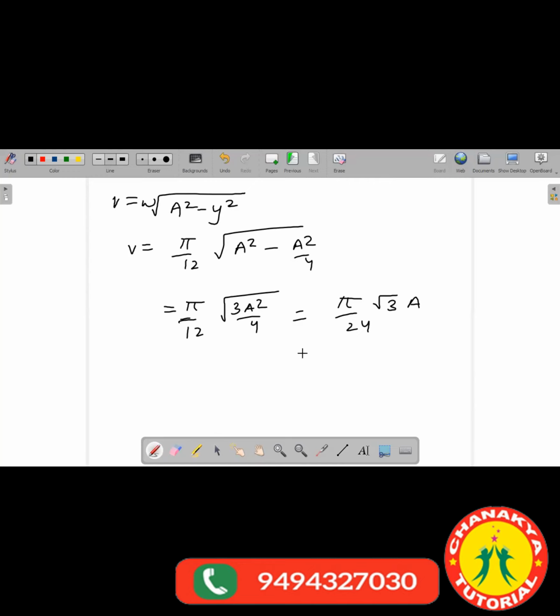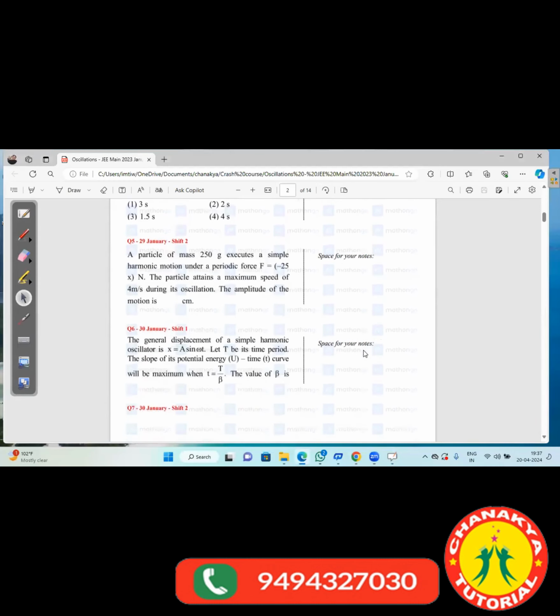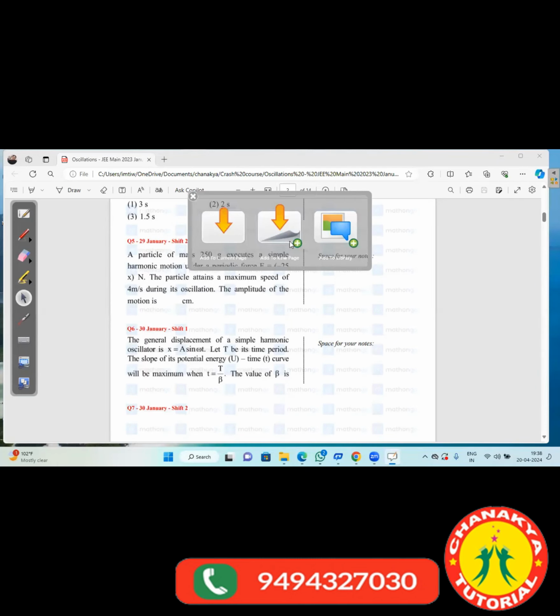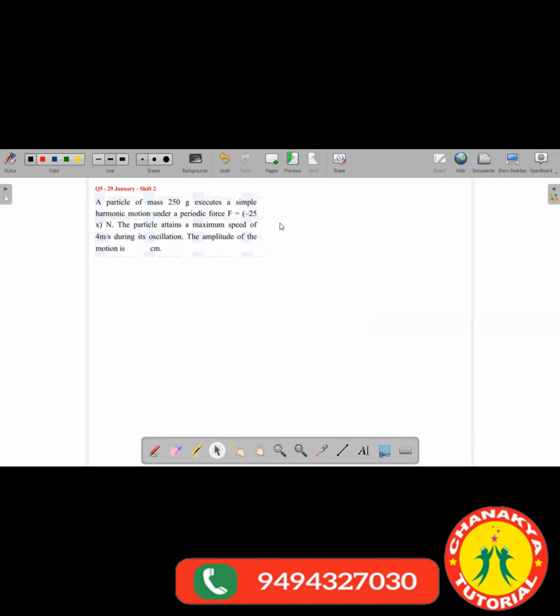We get now to the next one. A particle of mass 250 gram executes a simple harmonic motion under a periodic force F equals minus 25 x Newton.